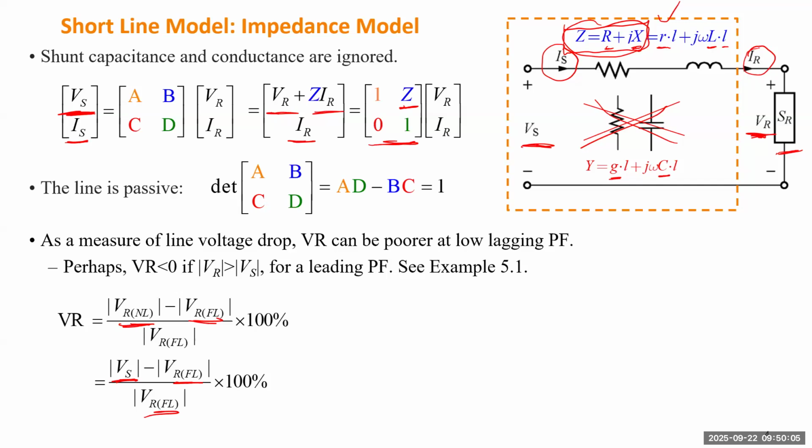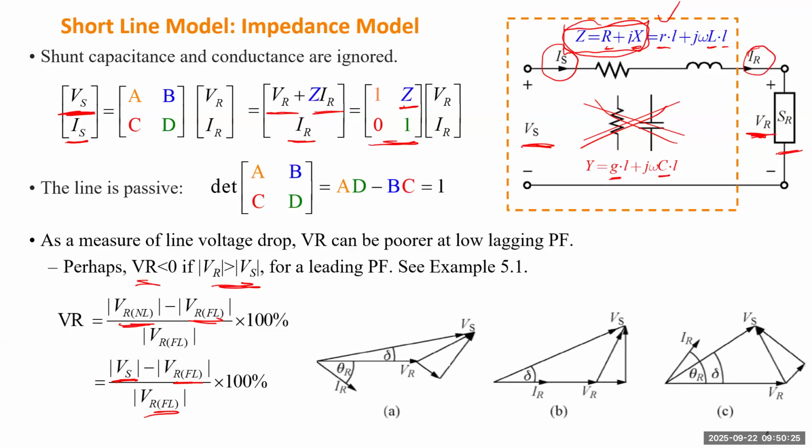So if the power factor is lagging and low, much smaller than 1, the VR will be large. A large VR means not a very good source. If VR is higher than Vs, the voltage regulation can be negative.